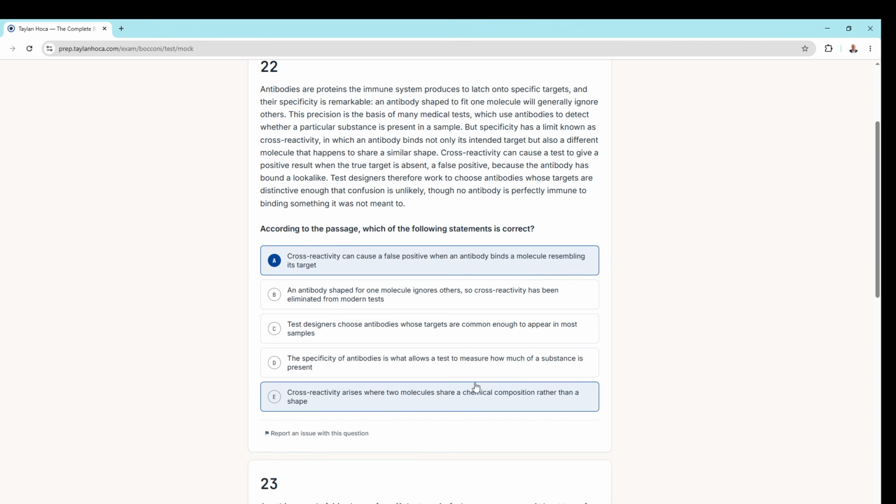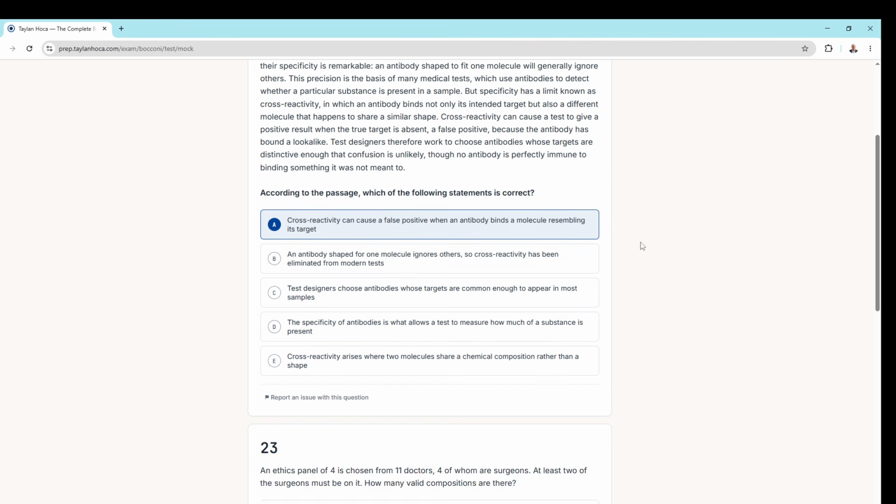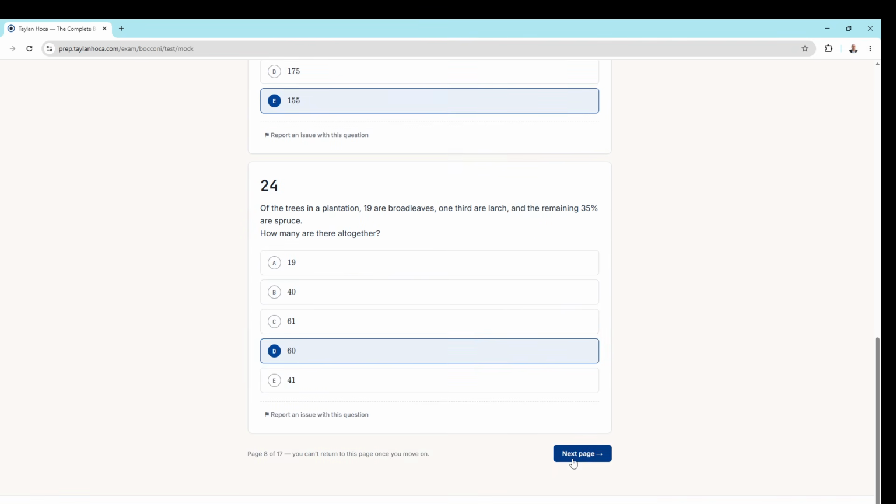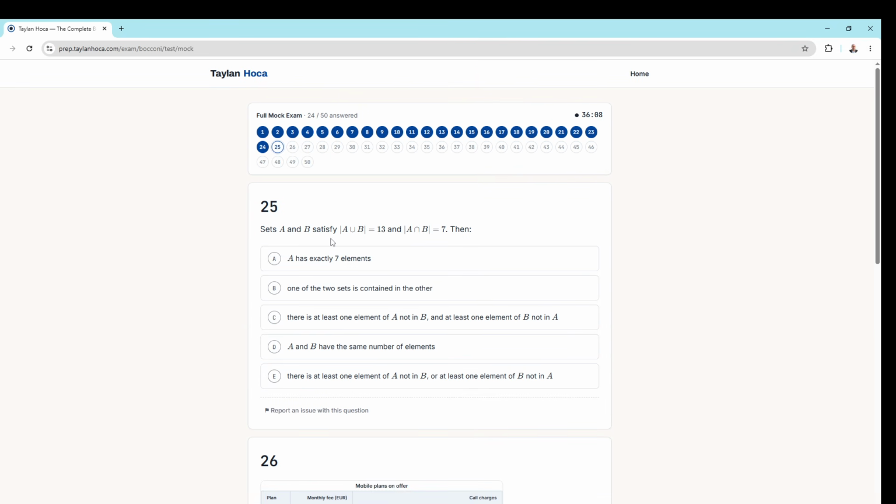Sometimes first half can be true, but the second half can be wrong. Be careful about it. Cross-reactivity arises where two molecules share a chemical composition rather than a shape. I think it was about shape because antibodies fit based on the molecule shape. They say that. Okay, so A is the best answer, I think. Next page. All right.